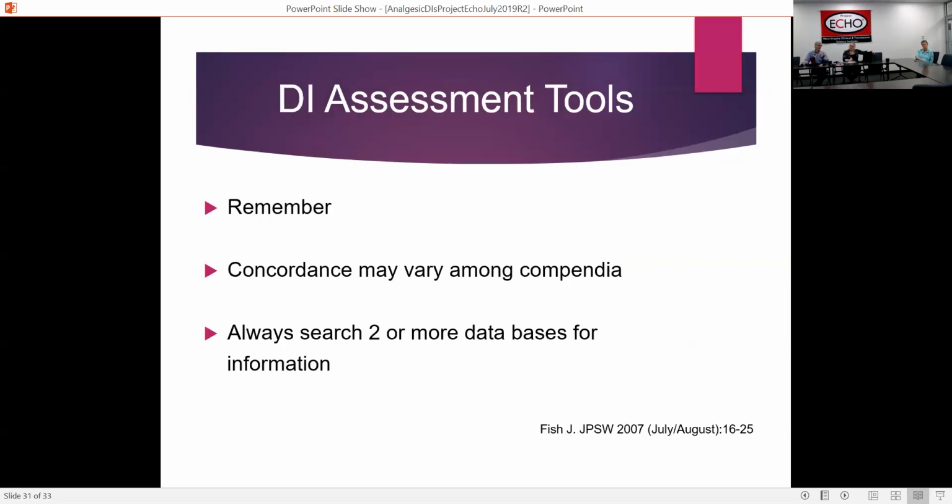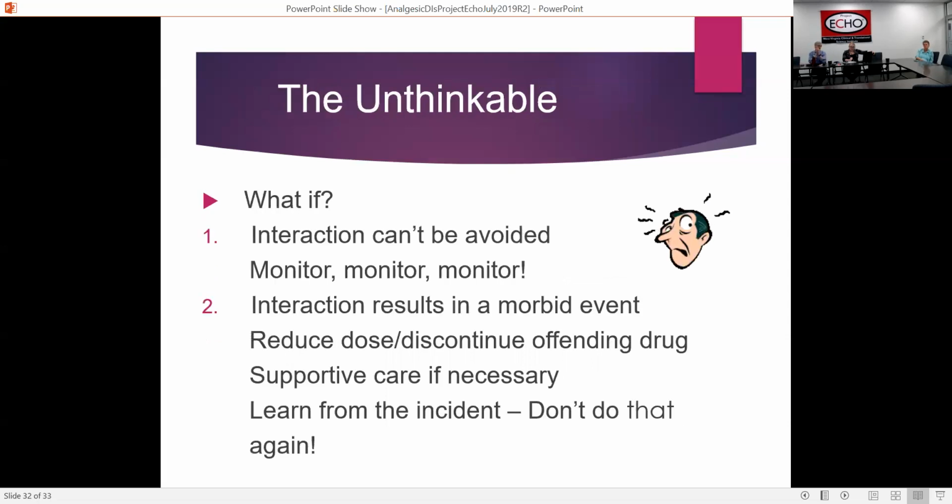So the thing is, when it comes to any kind of compendia, or any kind of tool that you use, there may be some variability in the information on the same drug-drug interaction. So you should have a source plus something that validates it. Always try to search two or more databases if you can for the drug-drug interaction in question.